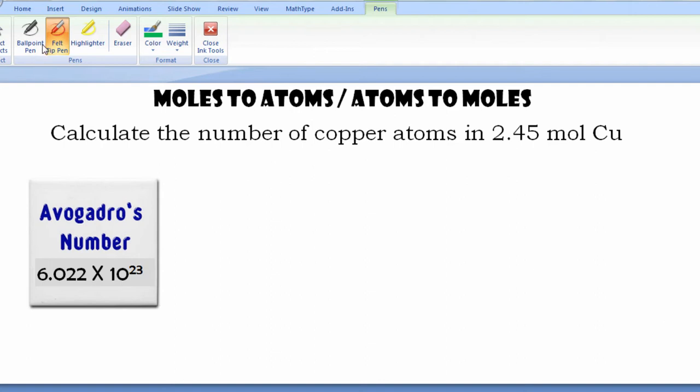Okay, we're going to talk about going from moles to atoms and atoms to moles.